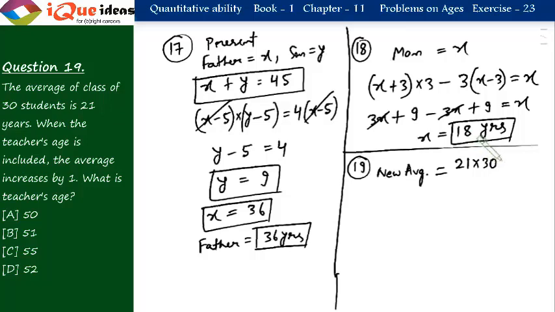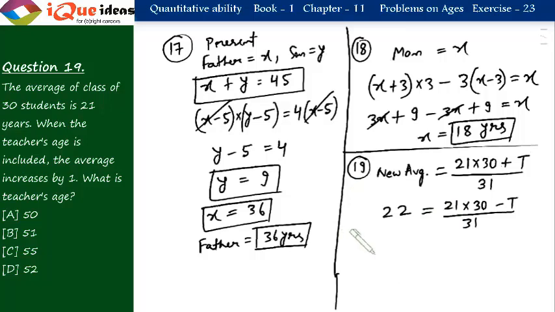Plus, let's assume the teacher's age is t. Divide by total number of people. Now, total number of people would be 30 students plus 1 teacher. So, 31. And it's already given that the new average is 1 more than the previous old average. So, it is 22. So, 22 is equal to 21 into 30 plus t upon 31. Now, 31 into 22 would become 682.